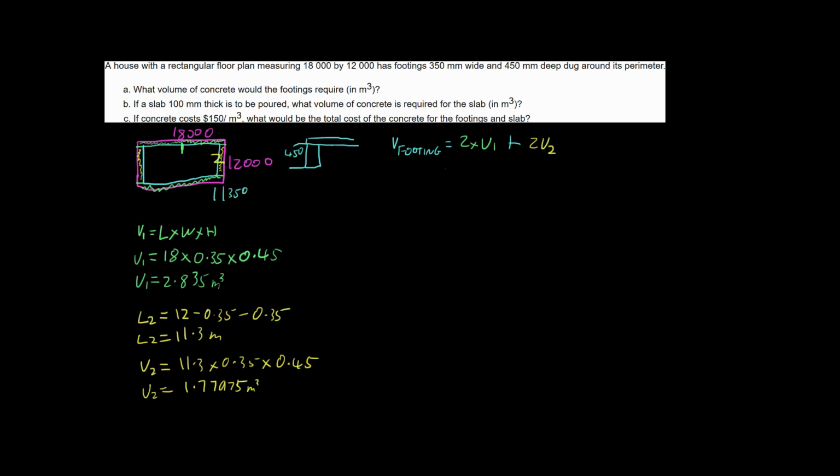So this is going to be 2 lots of 2.835 and 2 lots of 1.77975. So if we work this out, we're going to get 5.67 plus 3.5595 and add those together, and we're going to get 9.2295 meters cubed of concrete just for the footing.